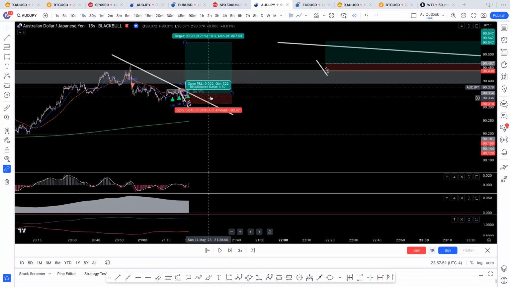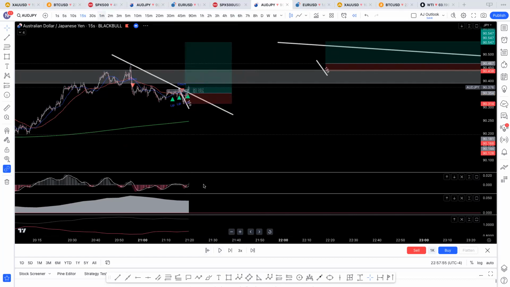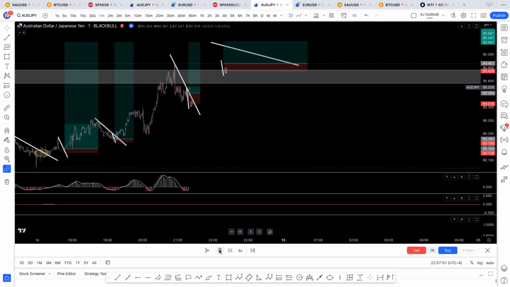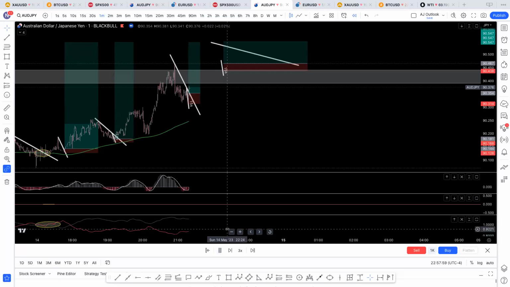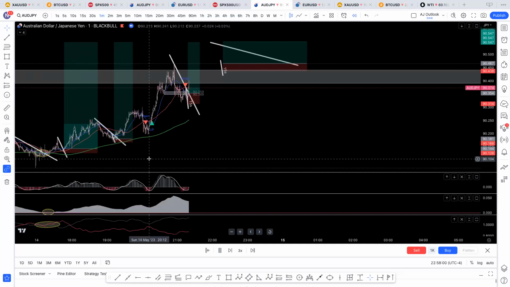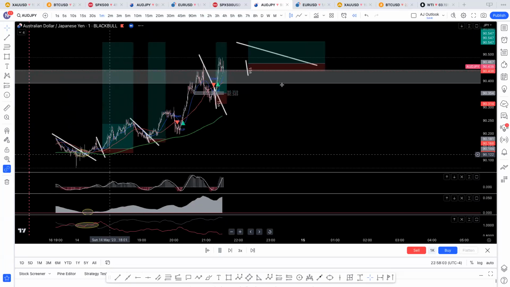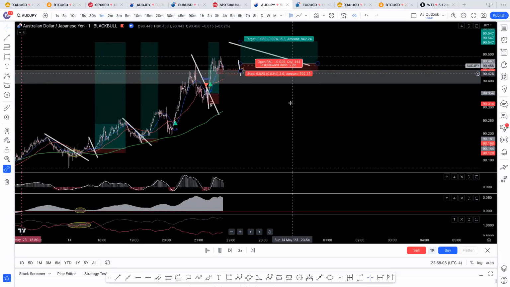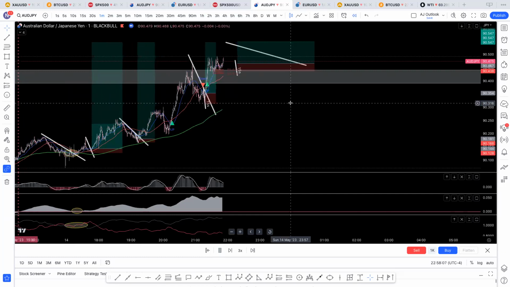So I entered this one here, almost a 1 to 25. And for this particular trade or trend, I was able to get 4 trades out of it.